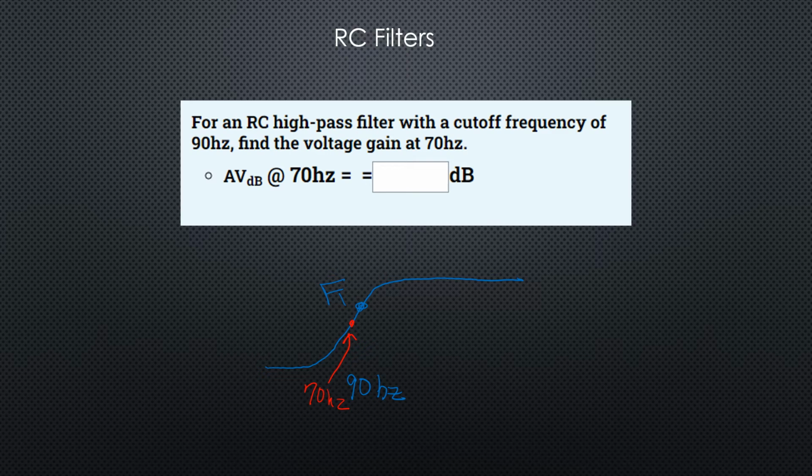So we know our AV. We're going to look at FC1 over F, squared.